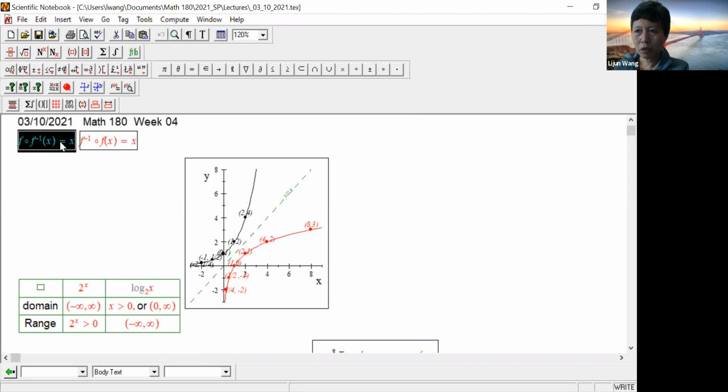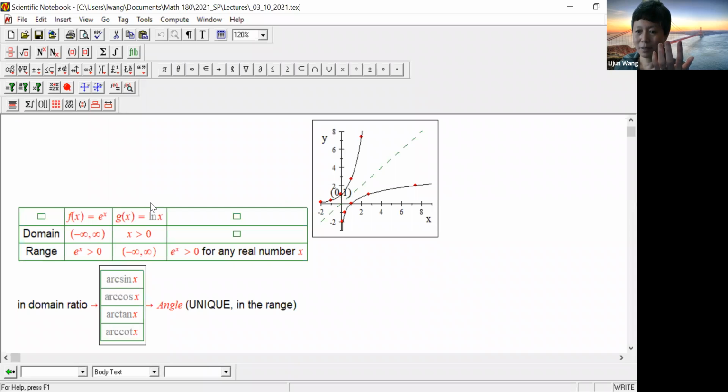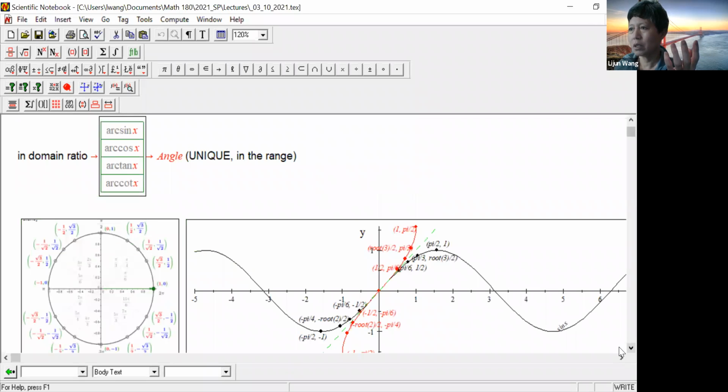Will this property apply to the trig functions? Yes, so I'm going to show you. You understand we have done the logarithm function and exponential function. If you have questions, go back there, and if you still have questions, reach out to me.